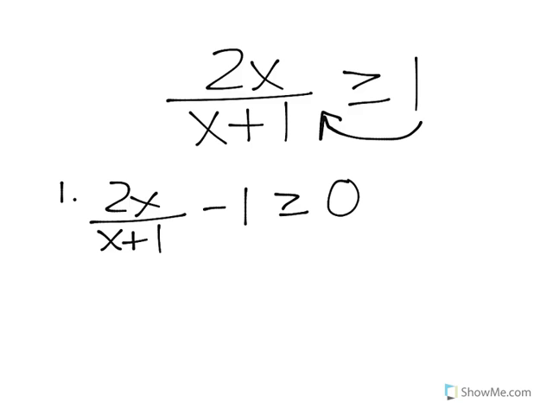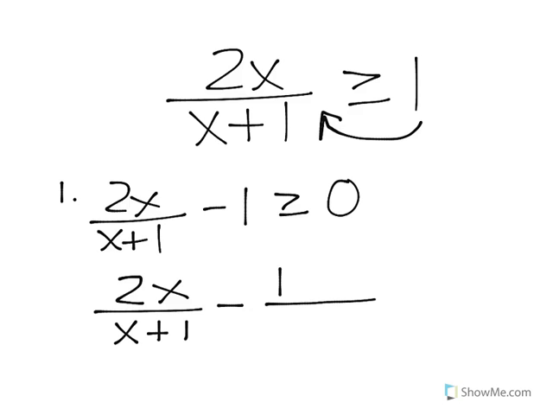Once we find the least common denominator, we've done this before, we would say 2x over x plus 1 minus 1 times x plus 1 over x plus 1, greater than or equal to 0.